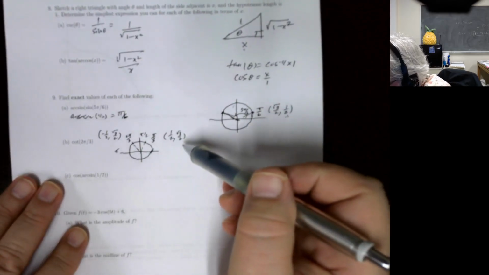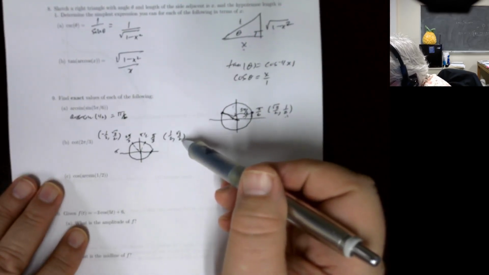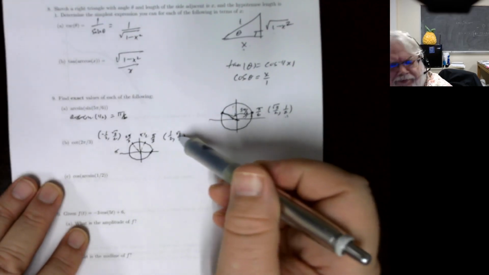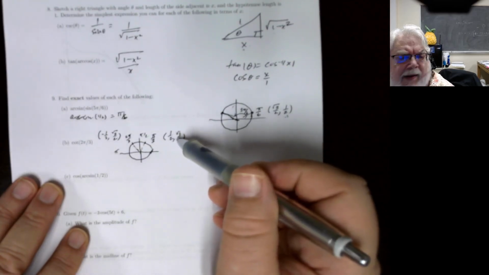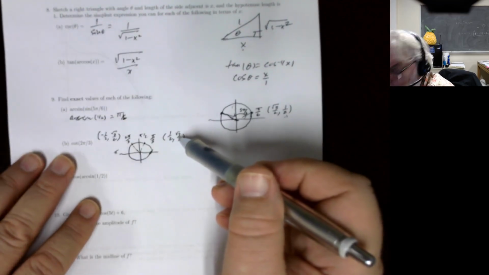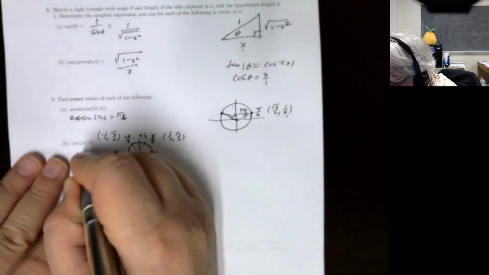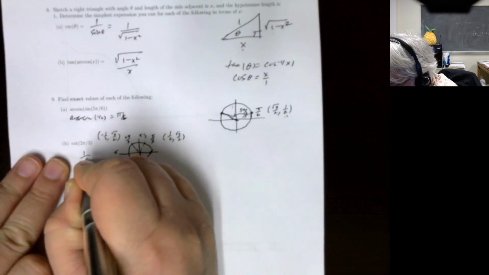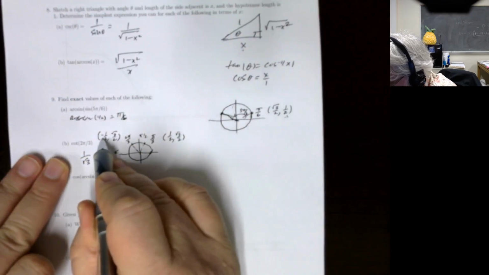Good. And so now the tangent is sine over cosine, which would be square root of 3, I guess. So what would the cotangent be? The cotangent would be 1 over the square root of 3. But, oh, we've got a negative sign there now, so it's going to be a negative.